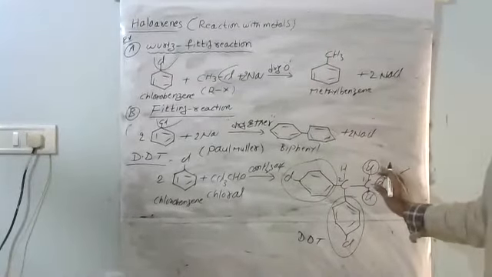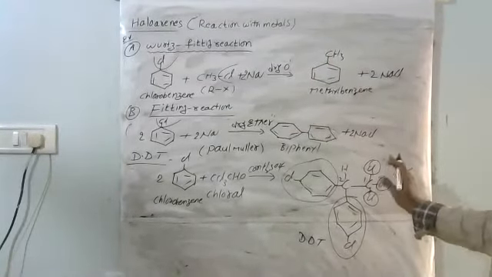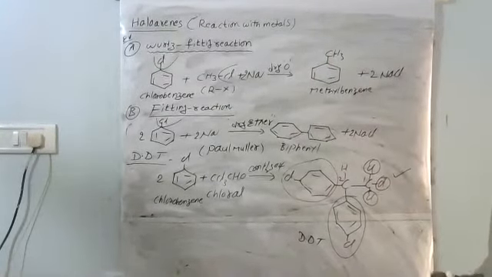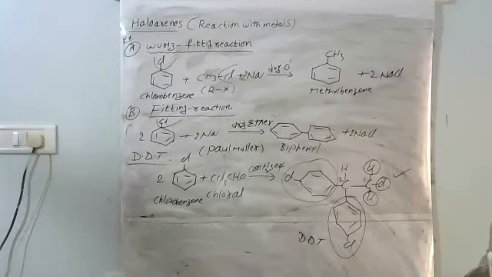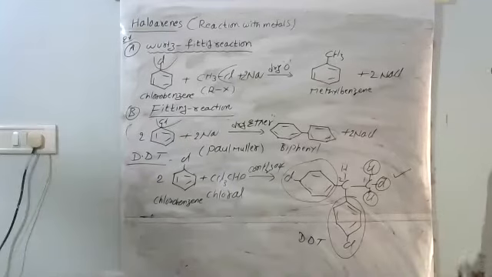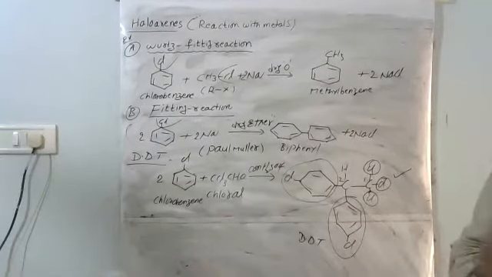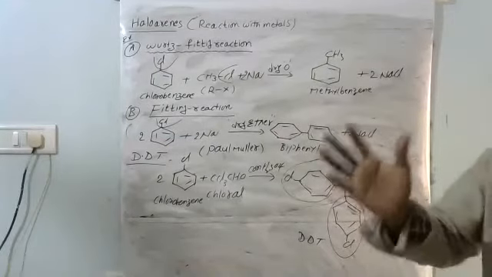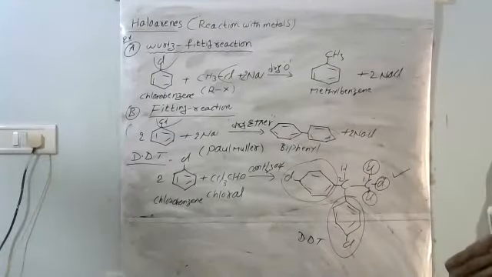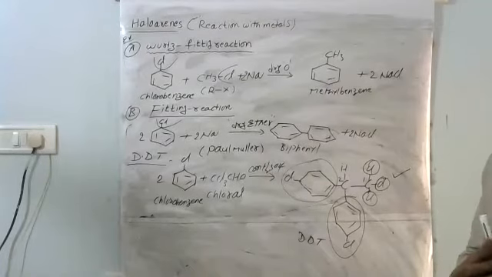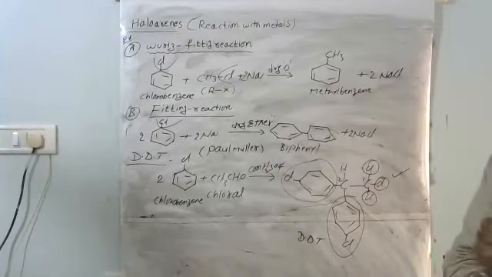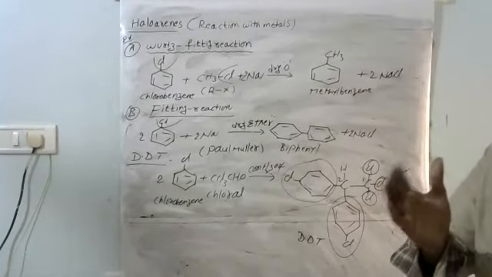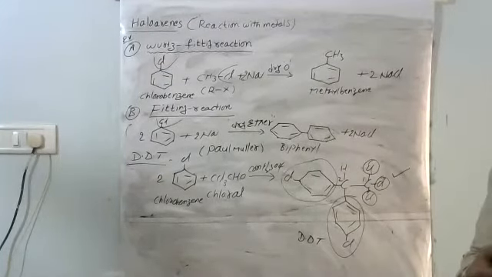At the same time, DDT is not readily metabolized or destroyed by environmental destructive forces. So it is deposited and stored in fatty tissues. It has high chemical stability.